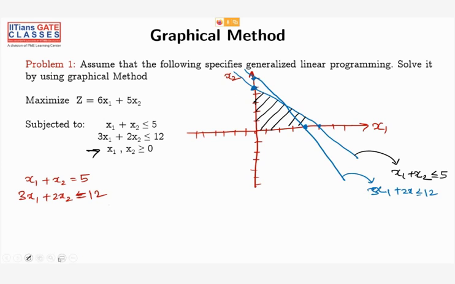On which side should I shade? I don't know, so let me substitute 0, 0. If you substitute 0, 0 in this equation, obviously it will satisfy, so I should shade towards the origin only. I'm shading towards the origin in a different pattern here.